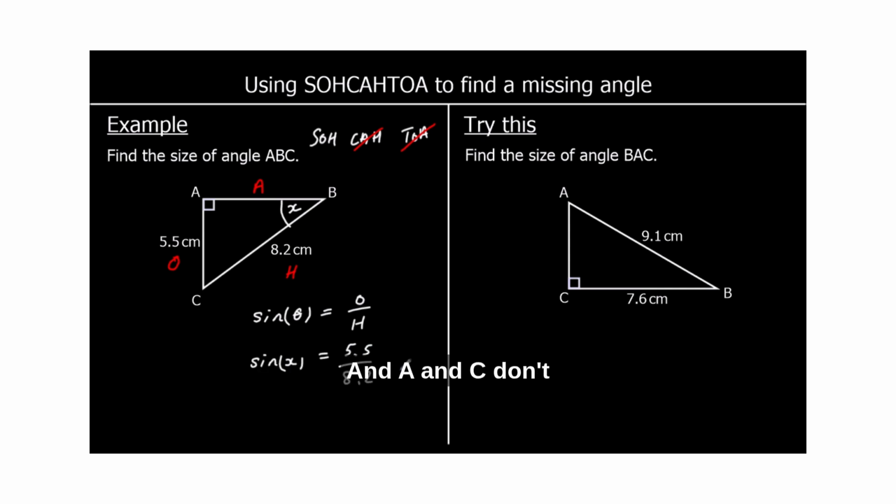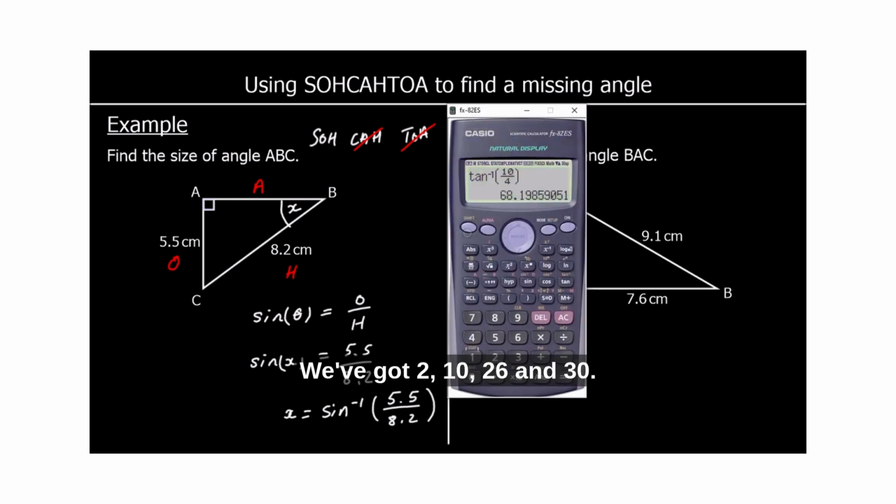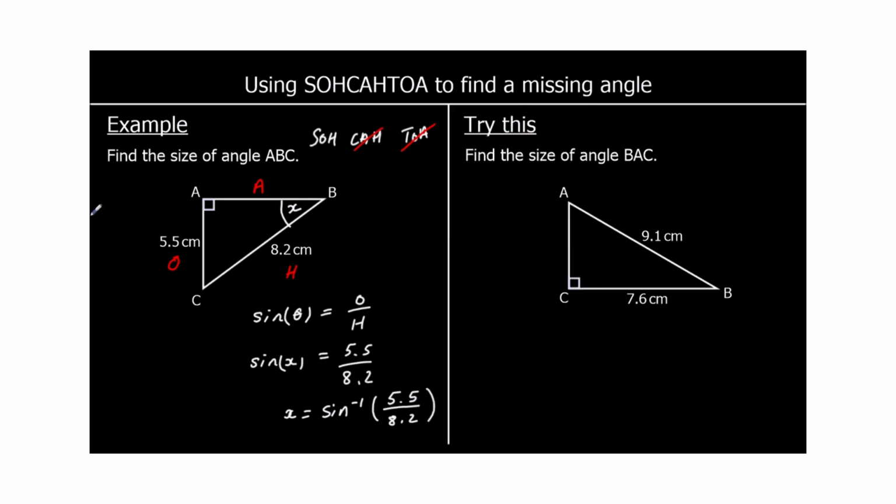To get x by itself, we shift sine, so x is shift sine 5.5 over 8.2, which we type into the calculator, and that is 42.1 to 1 decimal place.